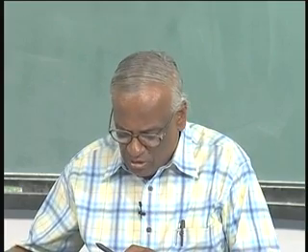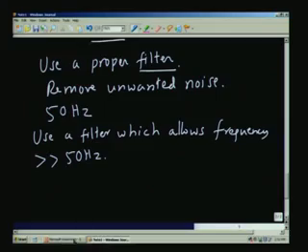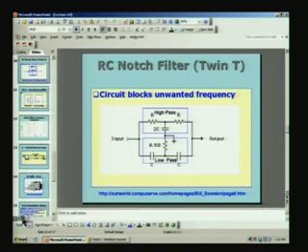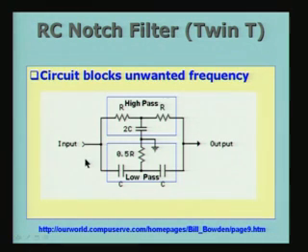So, let me just show you how it is done by looking at the picture here. So, we have a filter here. Do not worry about the bottom portion. I am just looking at the top portion here, a high pass filter. You have an R, another R here and a 2C.